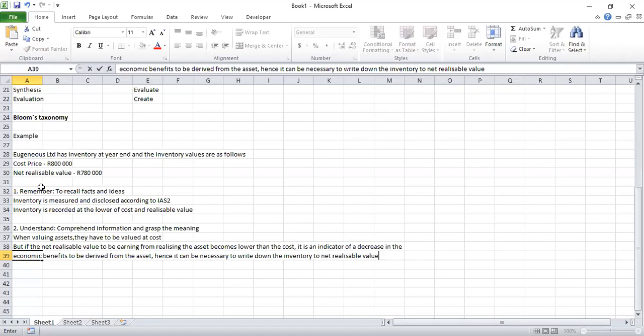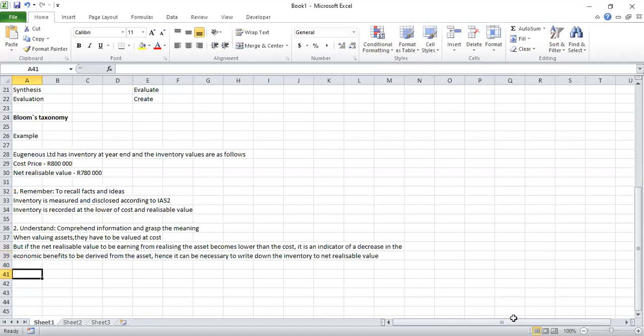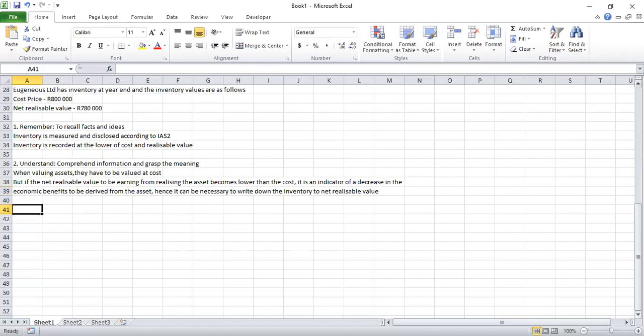It doesn't, because the economic benefits I can derive from the asset are now lesser than the cost that I expended. Remember that we define assets as having the ability to give me economic benefits. So I should write them down. You are now understanding them.